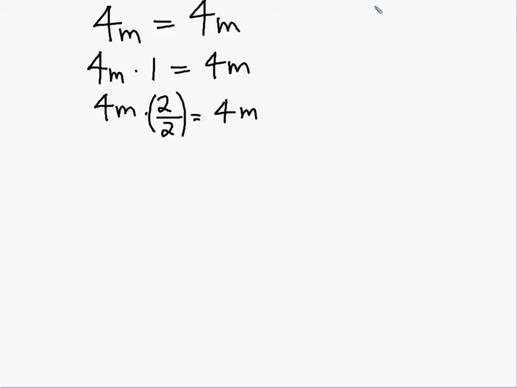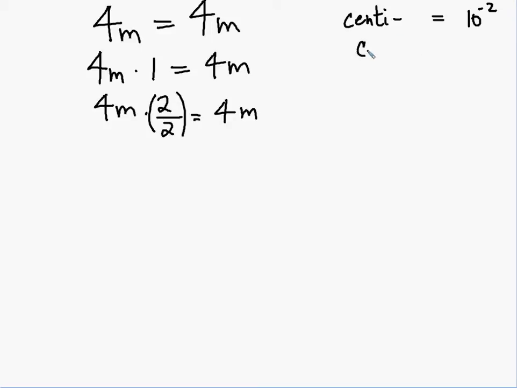Okay, let's remember back to prefixes in the previous video. We said that the prefix centi meant 10 to the minus 2. We could say these are equivalent. The prefix centi is equal to 10 to the minus 2.